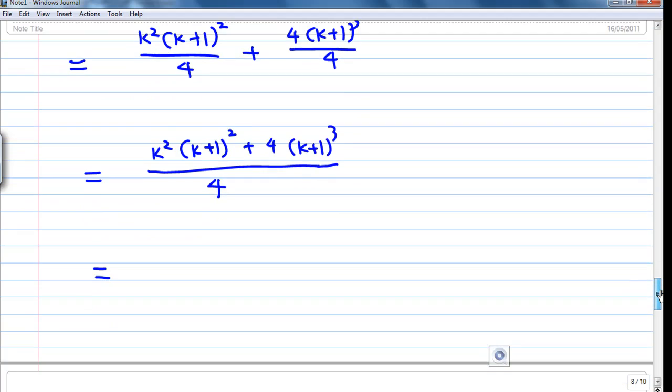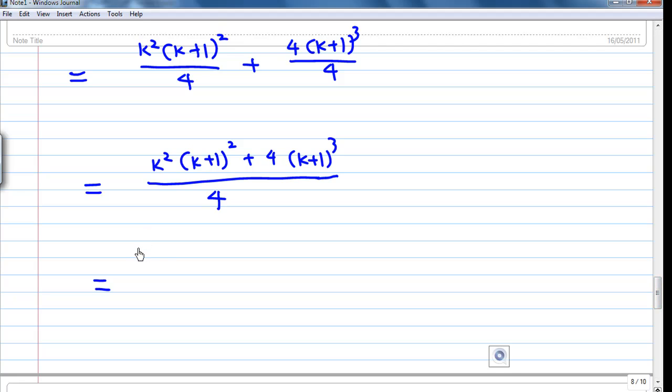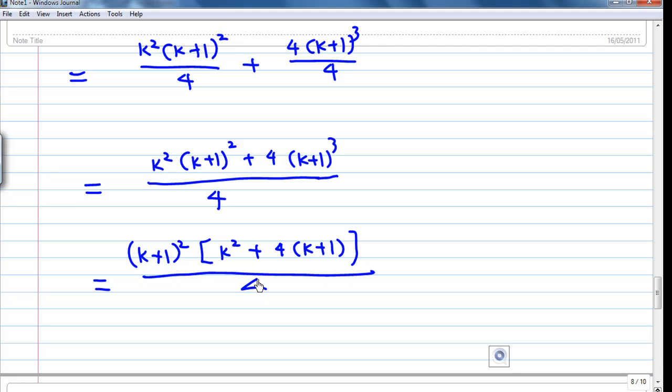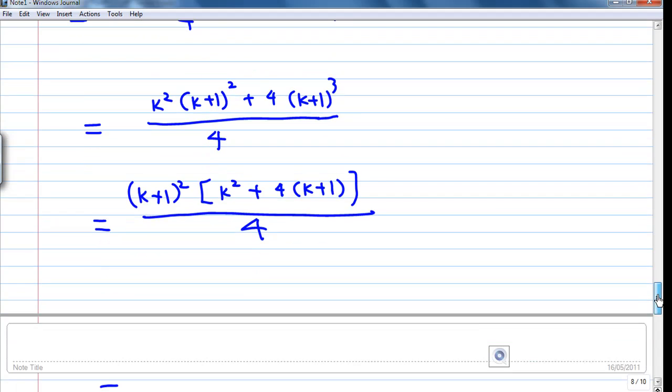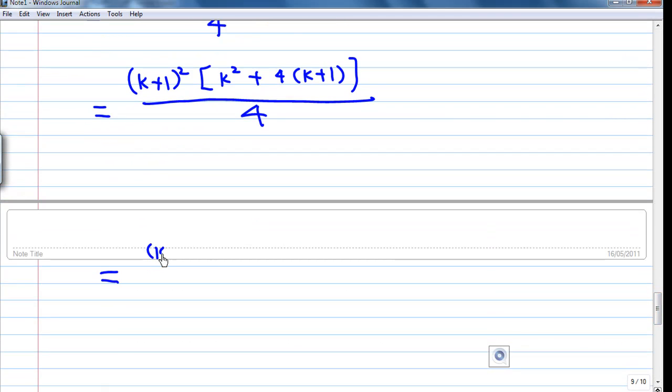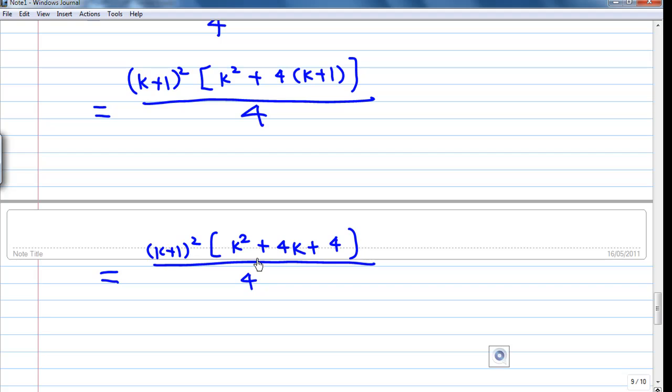Notice that k plus 1 squared is a common factor. So you can factor out k plus 1 squared and be left with k squared plus 4 times k plus 1 after you pull out k plus 1 squared, over 4. Now simplify some more. K plus 1 squared times k squared plus 4k plus 4, over 4.